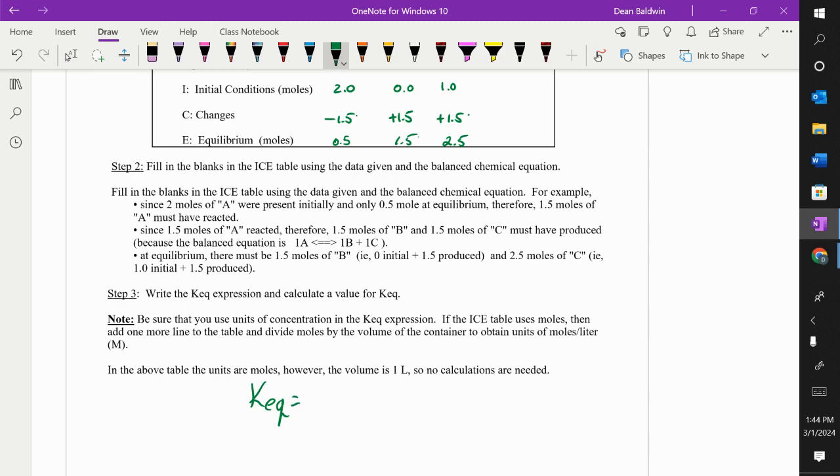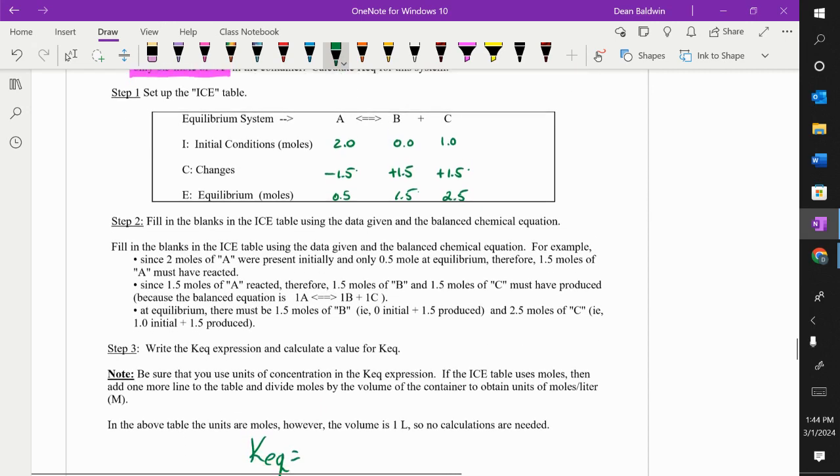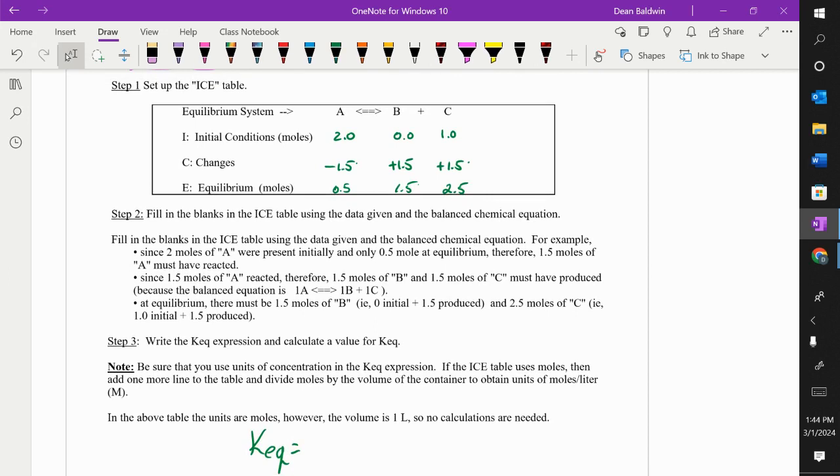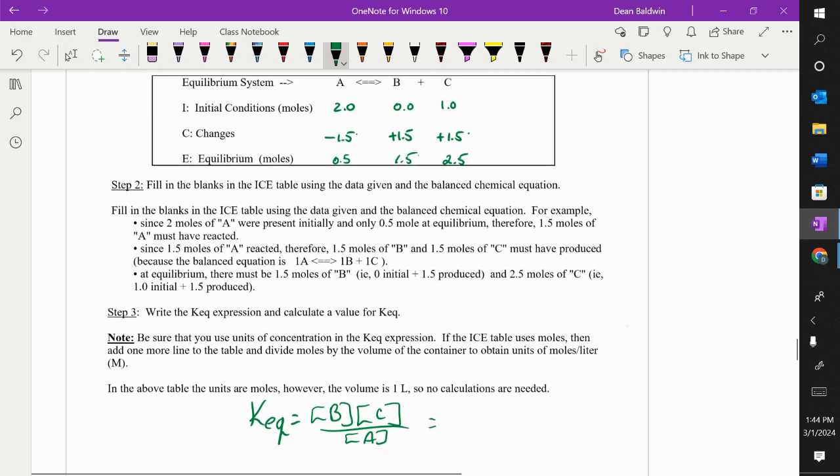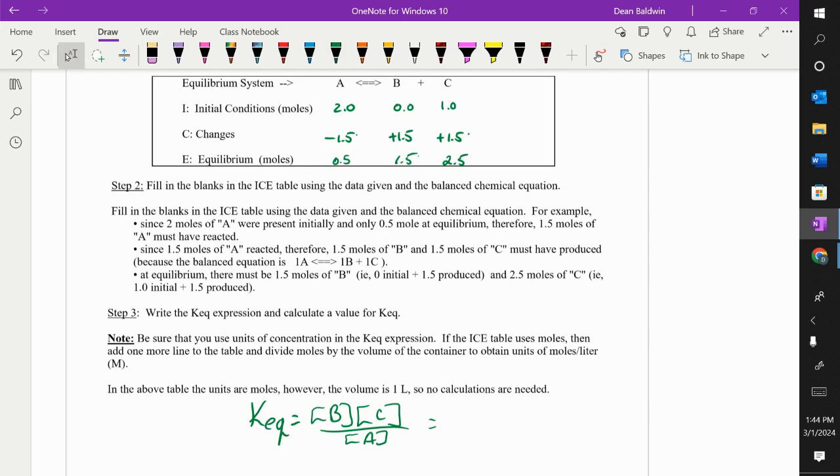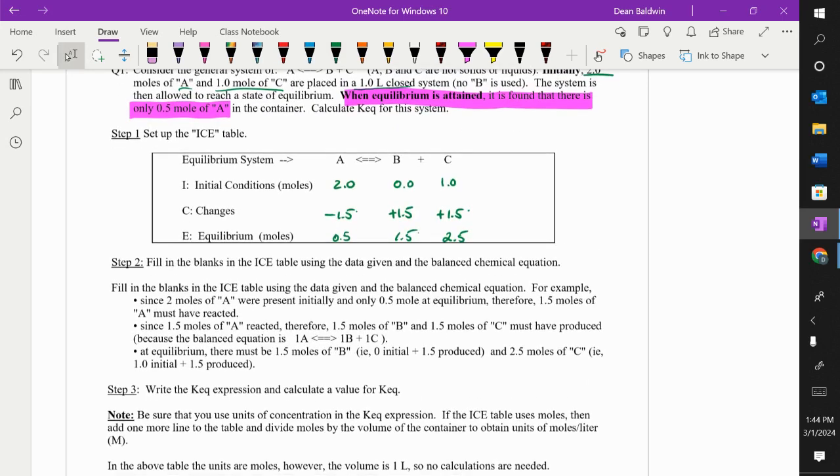Okay, what's the KEQ formula for this reaction? Expression. So products over reactants, so it's concentration of B times concentration of C over concentration of A. And there's no coefficients, so we're fine. Now, this question is straightforward because it's a 1 liter container.